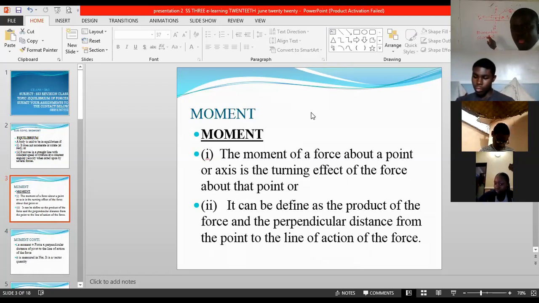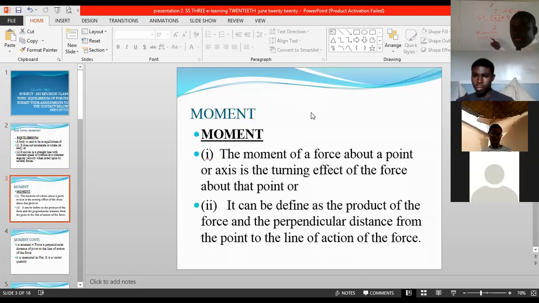Momentum is the product of mass and velocity, while moment is the turning effect of a force about a point, or the product of force and the perpendicular distance from the point to the line of action of the force.